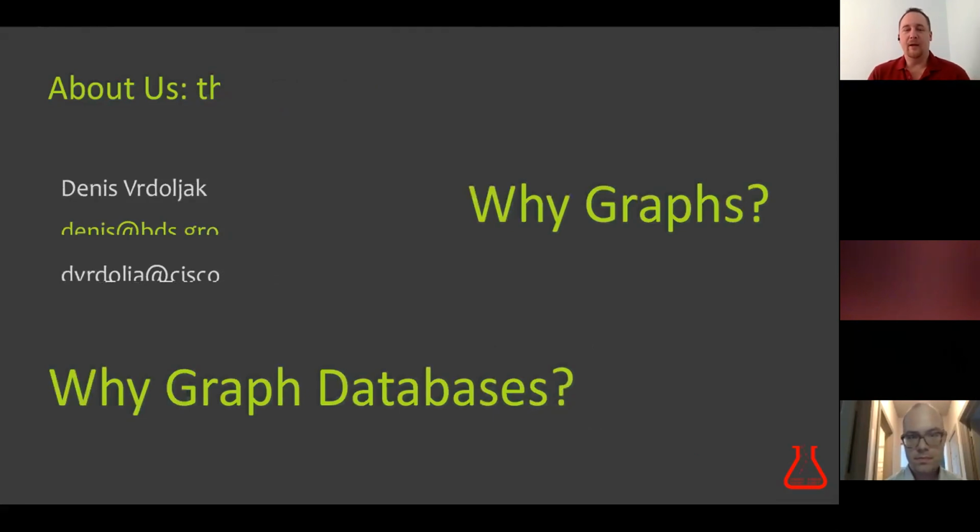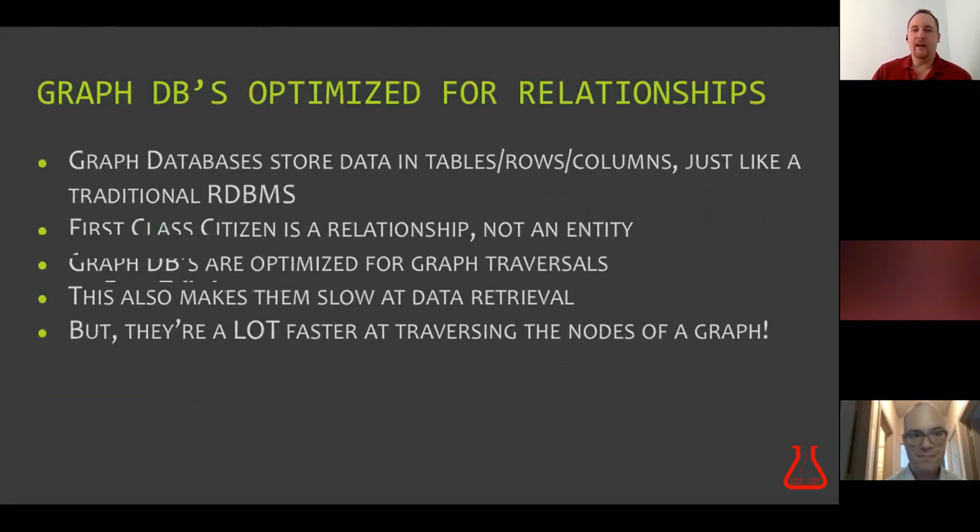So if you're here, you might have the question: why graphs, why graph databases, what are graph databases, and when do you use them? This question comes up a lot. The data stored in a graph database is stored in tables and rows and columns, just like a relational database. The big difference in the implementations is that a graph database is optimized for graph traversal, whereas a traditional relational database is optimized for data retrieval.